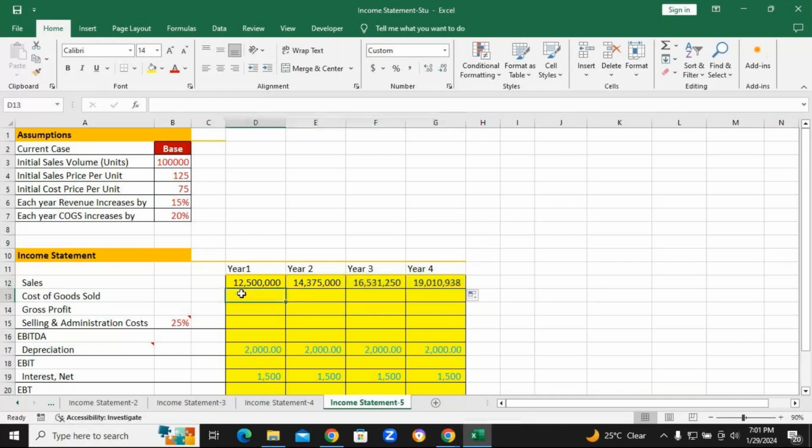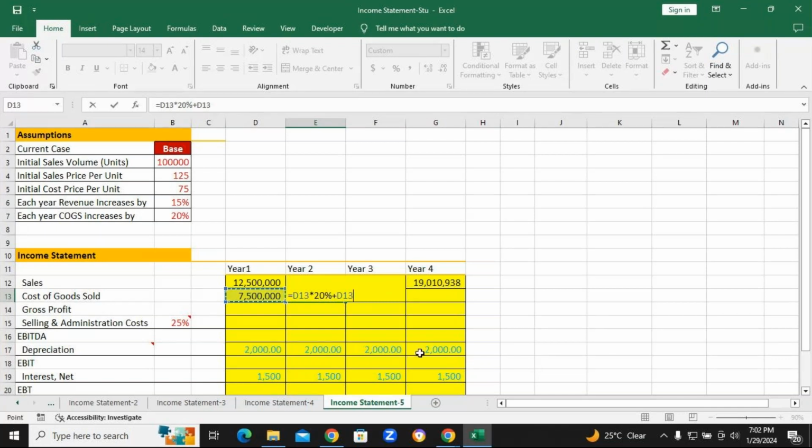Then COGS equals 1 lakh into cost price per unit. They are telling there is an increase of COGS every year, so after the calculation, equals into 20% increase, plus the previous year COGS.